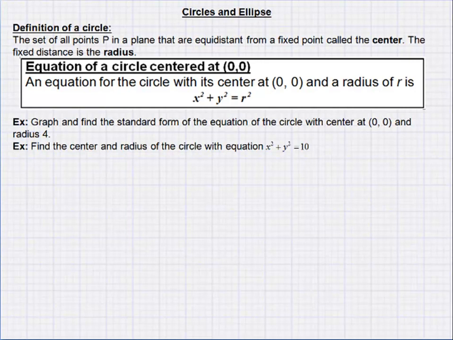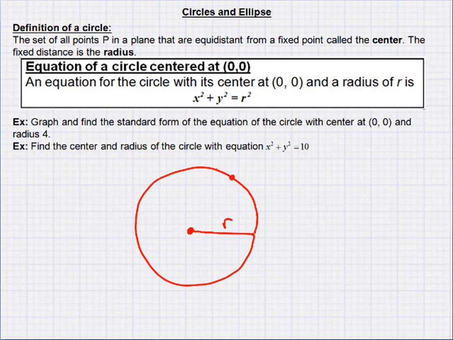So if we think about what a circle is, everyone should understand what a circle is and how you create a circle. You take a center, which is just a point. You go a certain distance away from that center, which we call the radius, and then we sweep that 360 degrees around to create our circle.